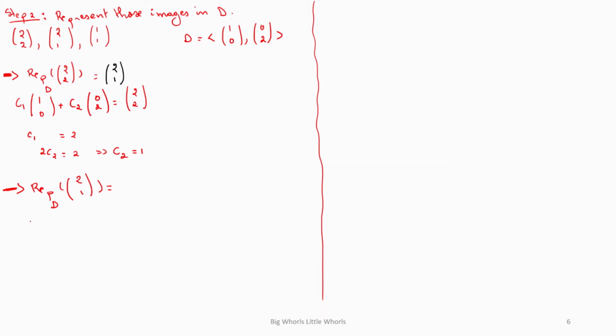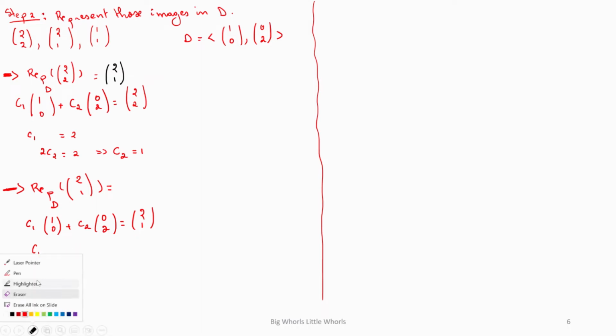So we take a linear combination of the vectors in D. We have C1 times (1, 0) plus C2 times (0, 2) equals (2, 1), our vector. So C1 equals 2 and 2C2 equals 1.